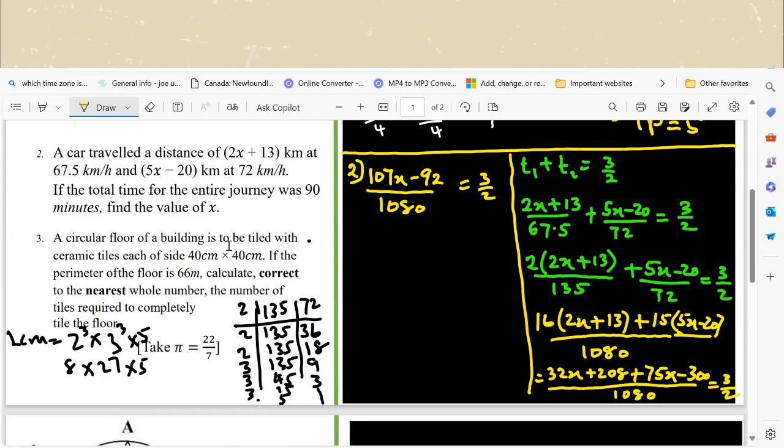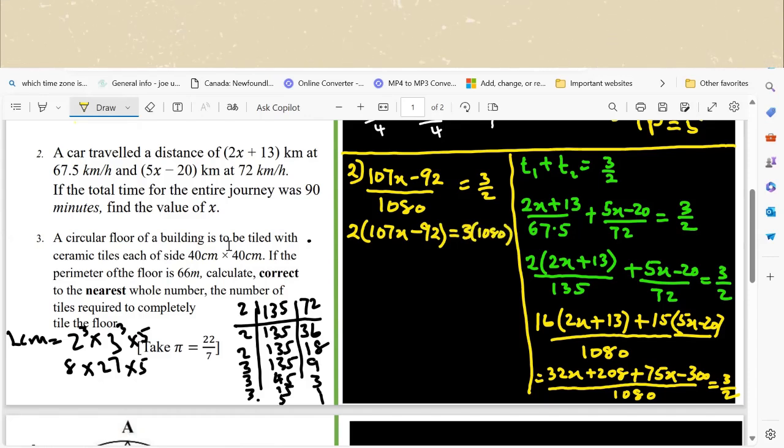So now what we do from here is to cross multiply. We are going to have 2 times 107x minus 92 equals 3 times 1080.